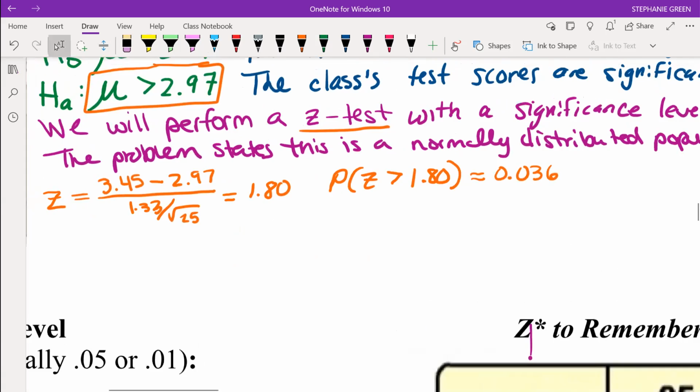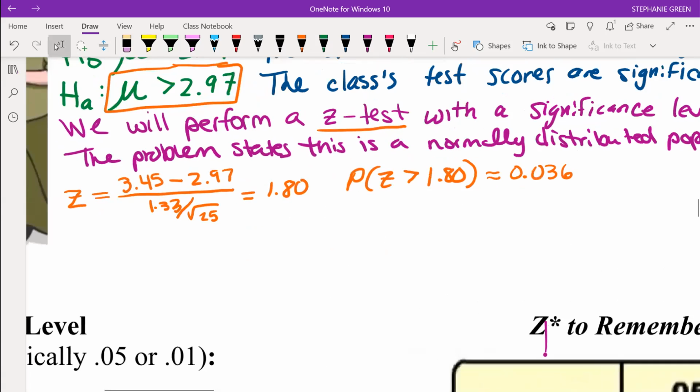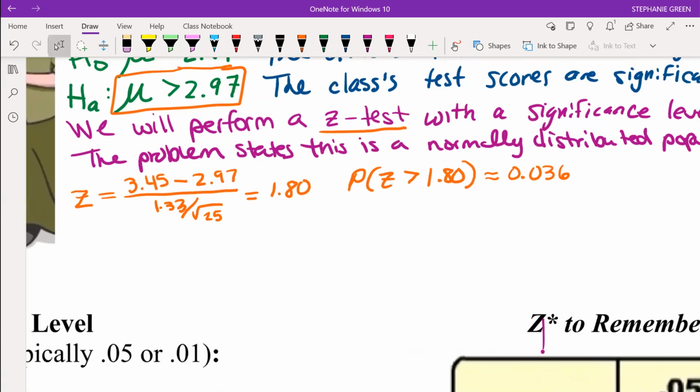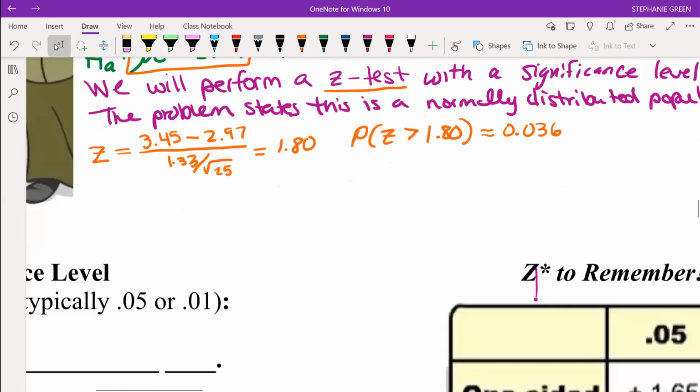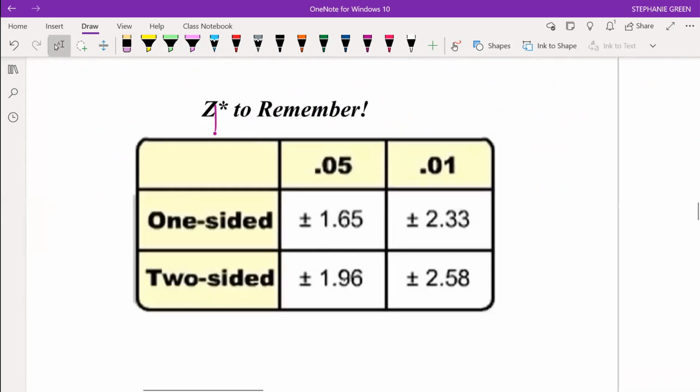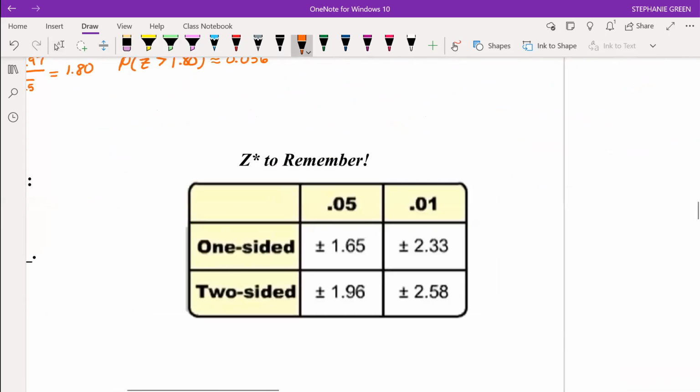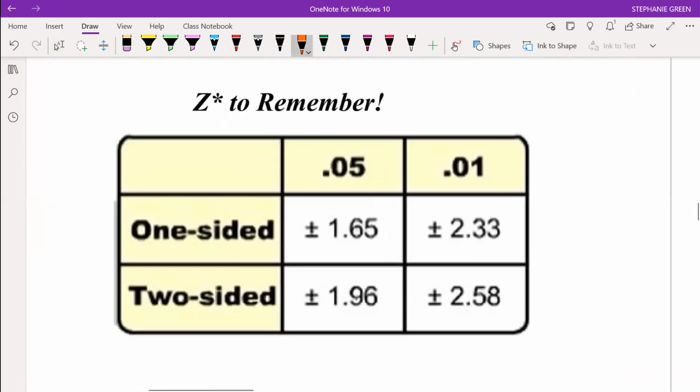Okay, as I said also, there's more than one way to get that p-value. So another thing I want to talk about before I even do my conclusion is this table over here. With this table, we have some numbers that basically give us our general boundaries for our standard normal table all the time.